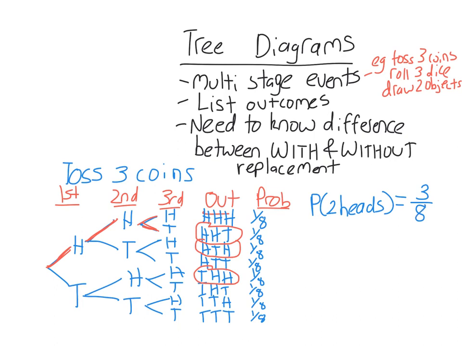Remember, probability of an event is just the number of ways the event can occur over the total number of outcomes. So there are 3 ways I can get 2 heads. Head, head, tails is 1. Head, tails, heads is 2. Tails, head, heads is 3. And there are 8 possible outcomes.